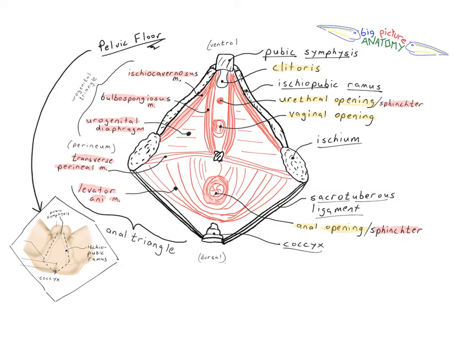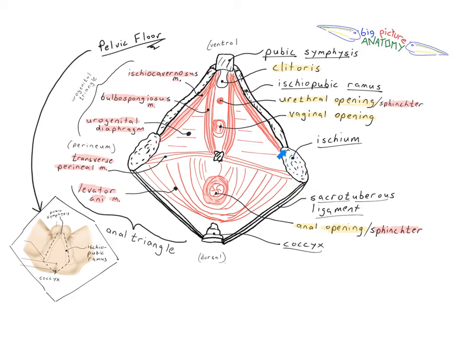So, right at the ventral midline, we would be seeing the pubic symphysis, and then at the dorsal midline, right here, we'd be seeing the coccyx. There's a diamond-shaped region then that's defined by going from the pubic symphysis out to the ischium or the ischial tuberosity.